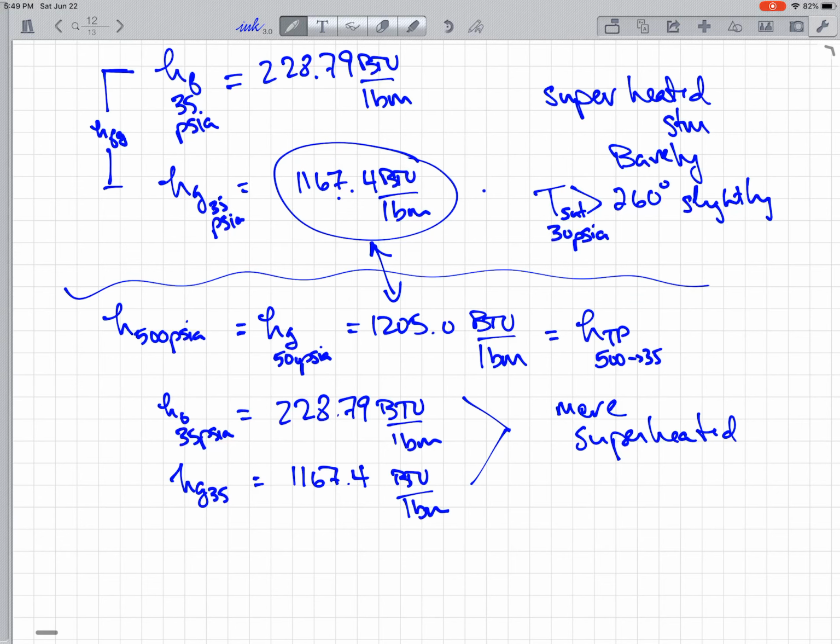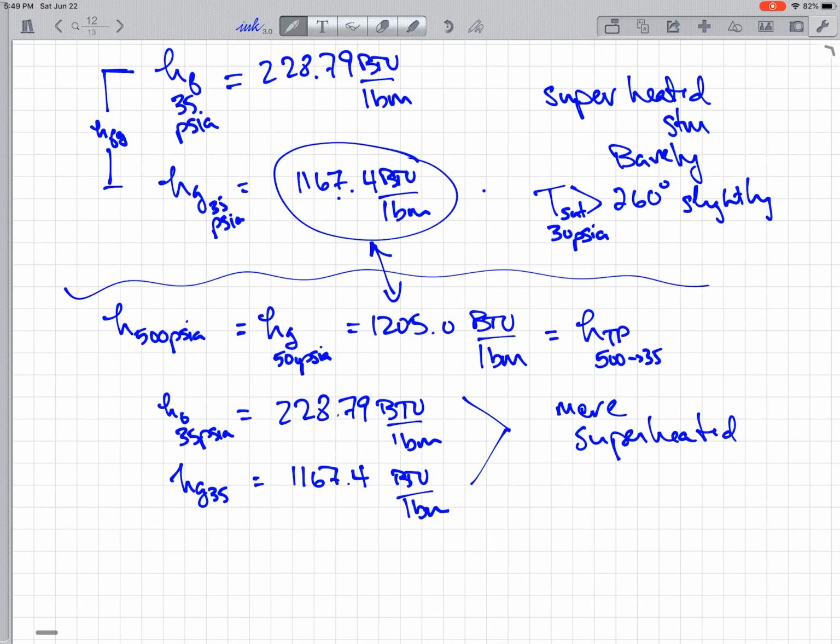And you can prove that to yourself by going up here on page 15, and you look at 40 pounds absolute pressure, saturation pressure. You'll see you got 1169.8 is your saturated steam enthalpy. Well, if you superheat from 267 to 280, you get 1176.